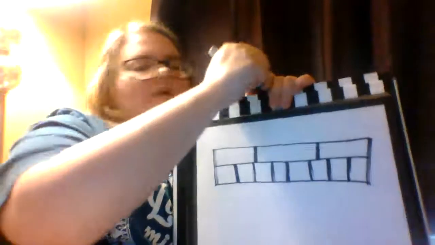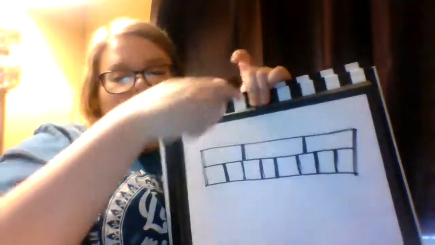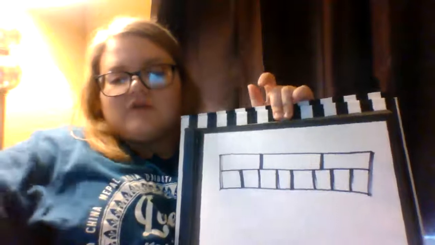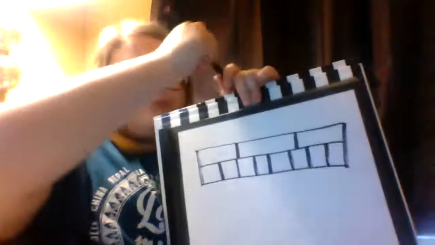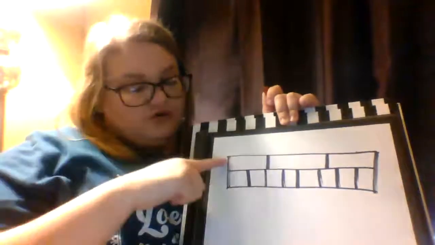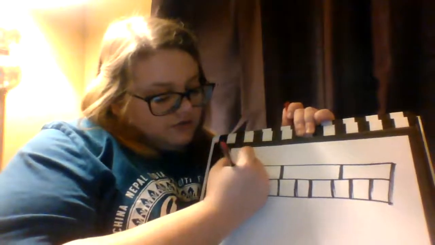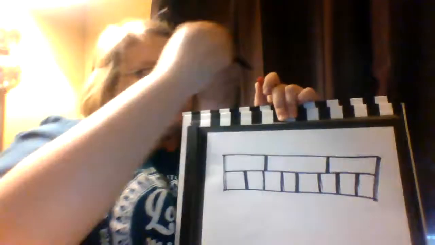Okay, and it wants me to do 2/3. So now I'm going to take my marker or your pencil. I'm going to do this in different colors, and I'm going to shade in 2/3. Let me go back to the Sharpie.